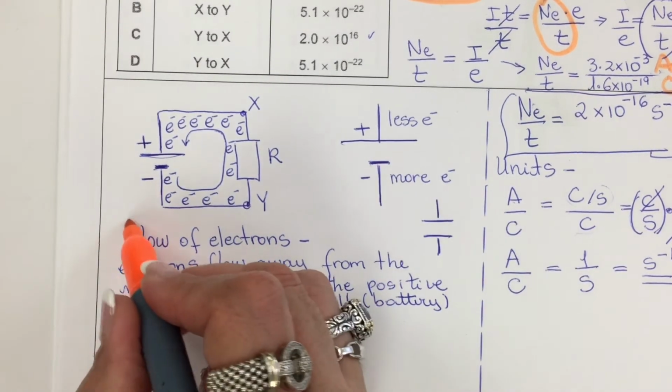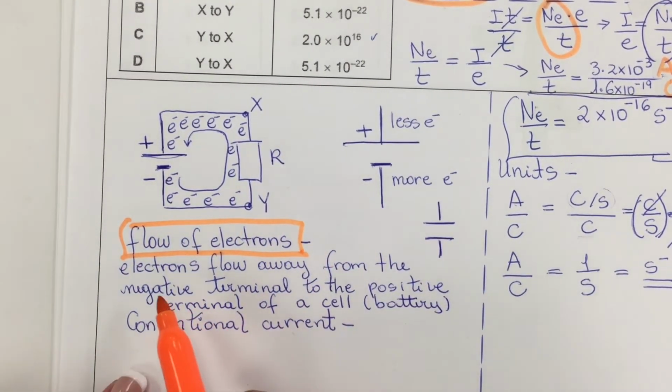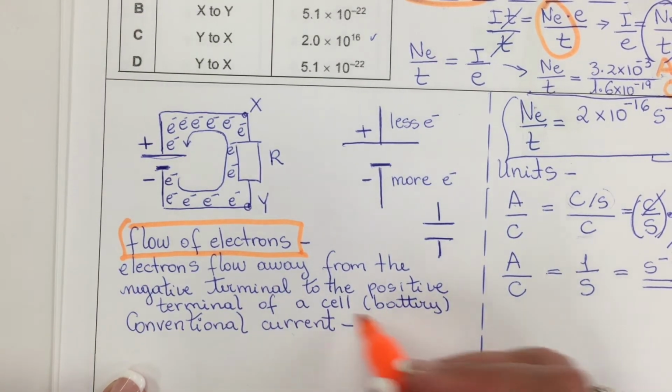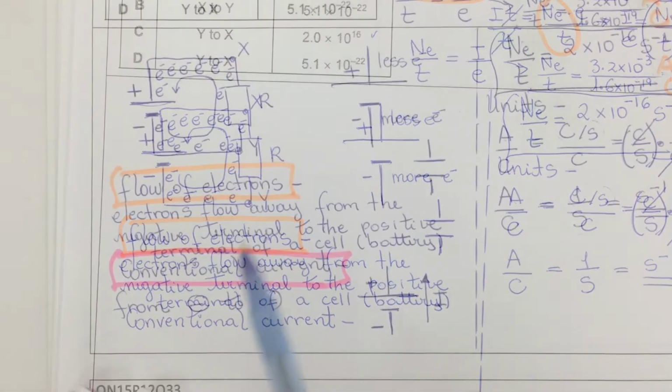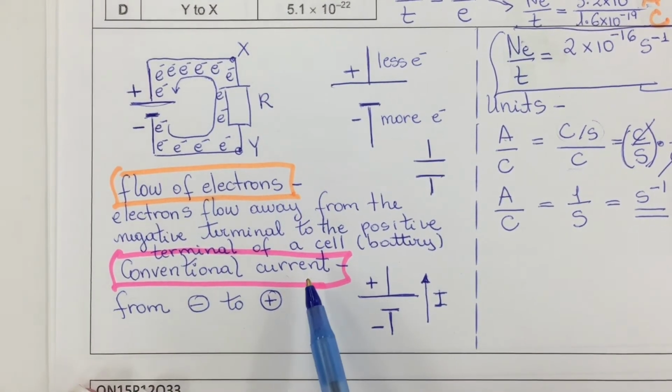So here, if you are taking notes, this is important. Electrons flow away from the negative terminal to the positive terminal of a cell or battery. Now, the opposite term is the conventional current.